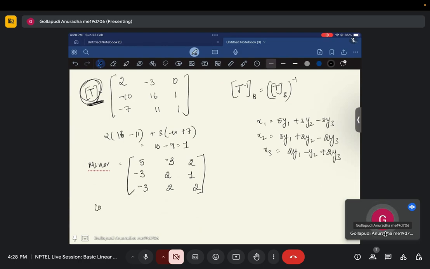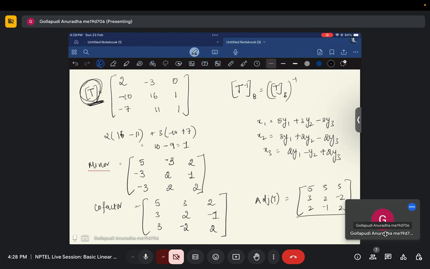Then you have to find the cofactor matrix. The adjoint will be the transpose of the cofactor matrix divided by the determinant. So we'll have 5, 3, 2; 3, 2, -1; and 3, -2, 2, and the determinant is this one.